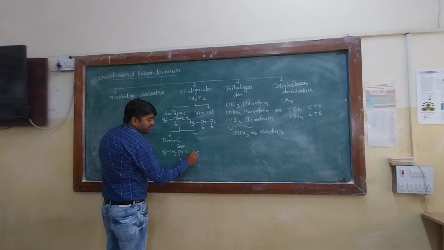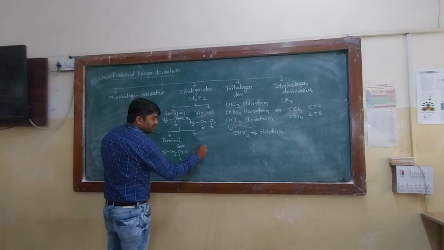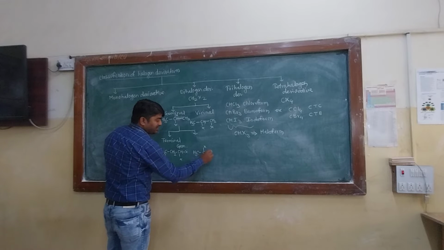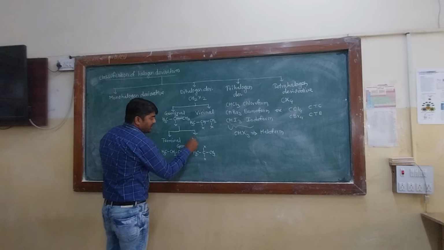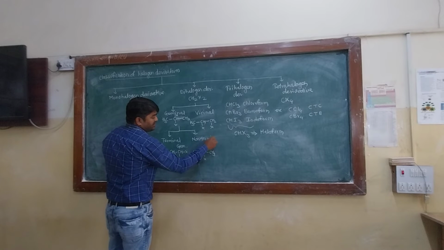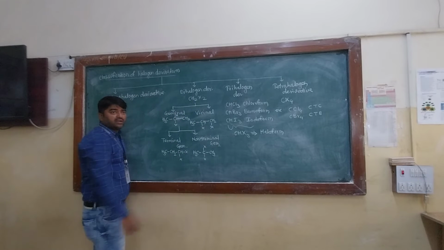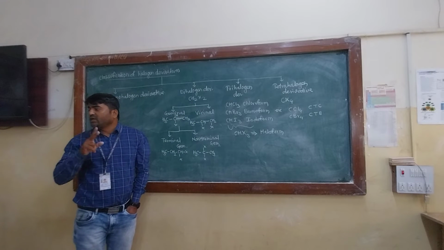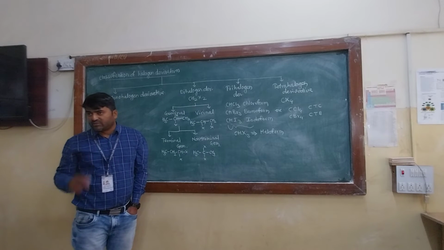If both halogen atoms are present on a non-terminal carbon atom, then it is called a non-terminal geminal dihalide.